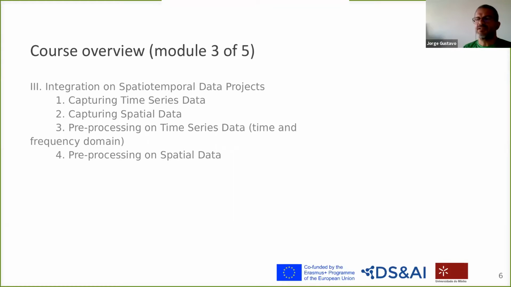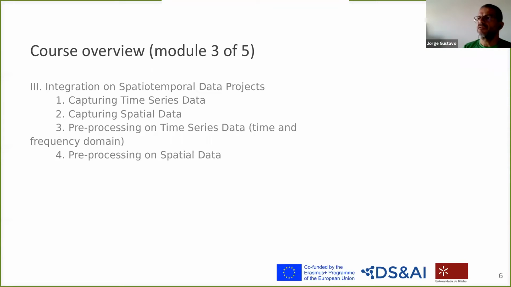pre-process some data sets, because usually we don't have the data as we would like to have it to do the processing. We always have to change rows to columns, to change data types, to do some pre-processing before.